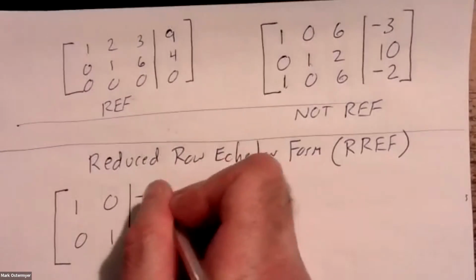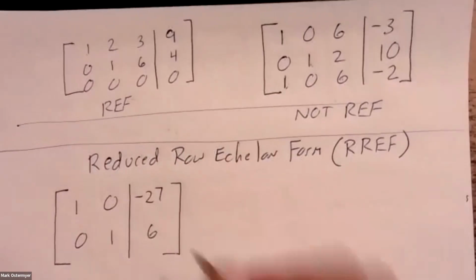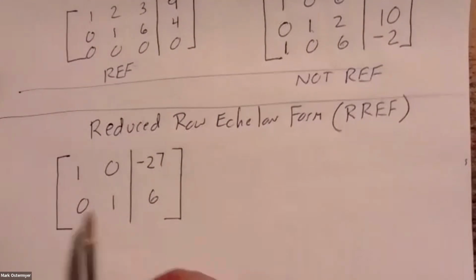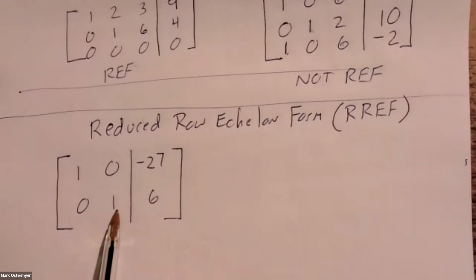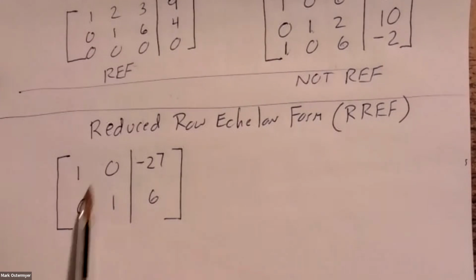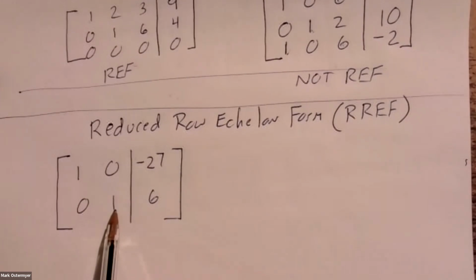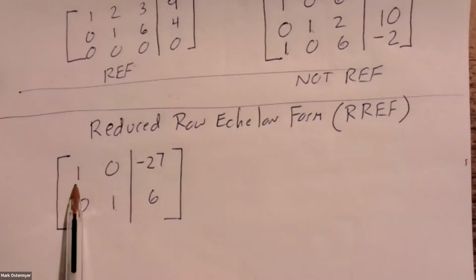This matrix is said to be in reduced row echelon form. You see that? Where we have ones on the main diagonal and we have zeros below and above the main diagonal. And notice this 1 is in the column to the right of the column that contains the 1 in the previous row. This is called reduced row echelon form.